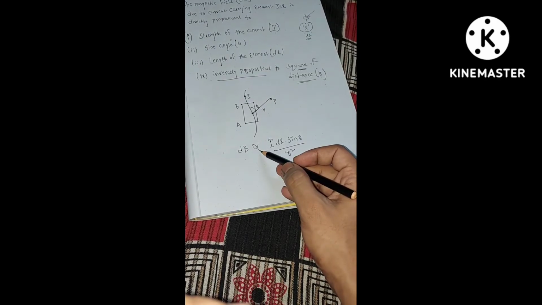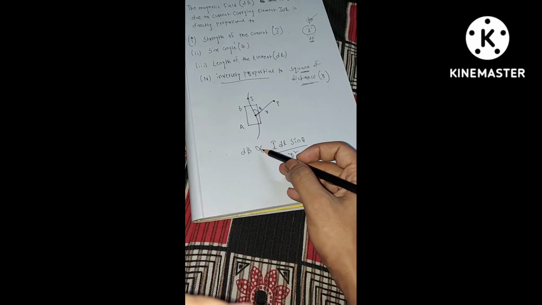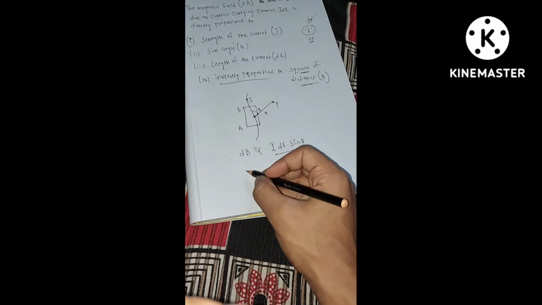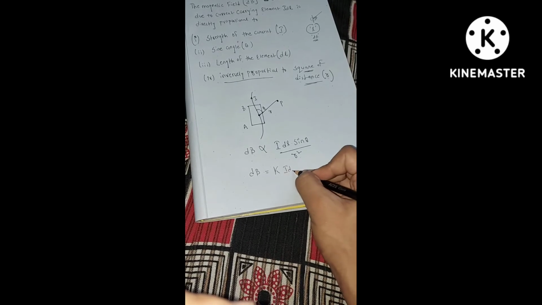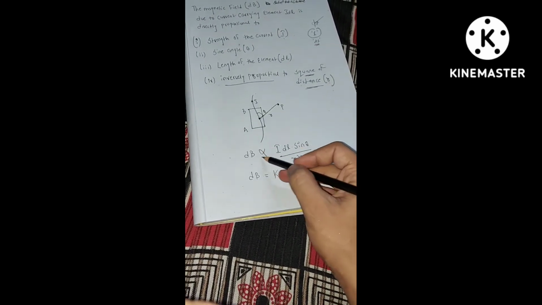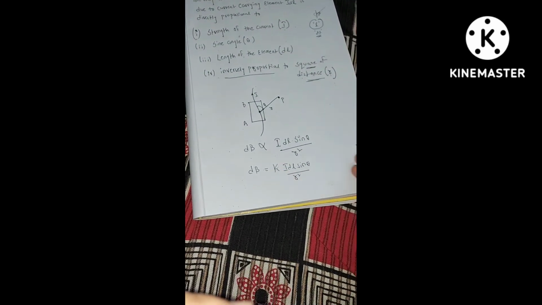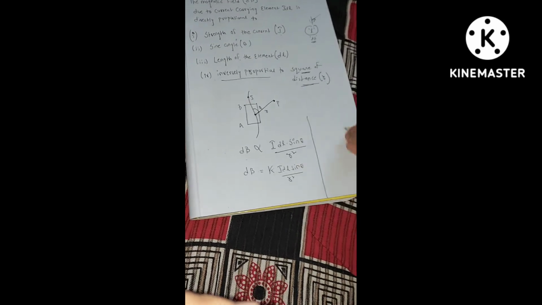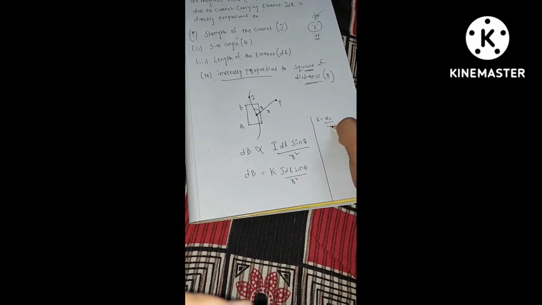Now when we remove the directly proportional sign, we have to introduce one constant here. So this dB turns out to be k I dl sine theta by r square. To remove this proportional sign, we introduce one constant k. Now this k has some value, that is k is equal to mu naught by 4 pi.